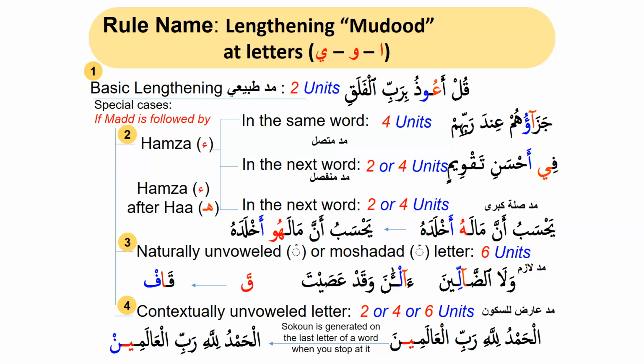You have the option to do this or this. It's not as obligatory as mad muttasil. Mad muttasil is obligatory to be 4 or 6, or 4 or 5. But in mad munfasil, disconnected mad, you have the option to make it 2 or 4. Okay, this is good, inshallah.